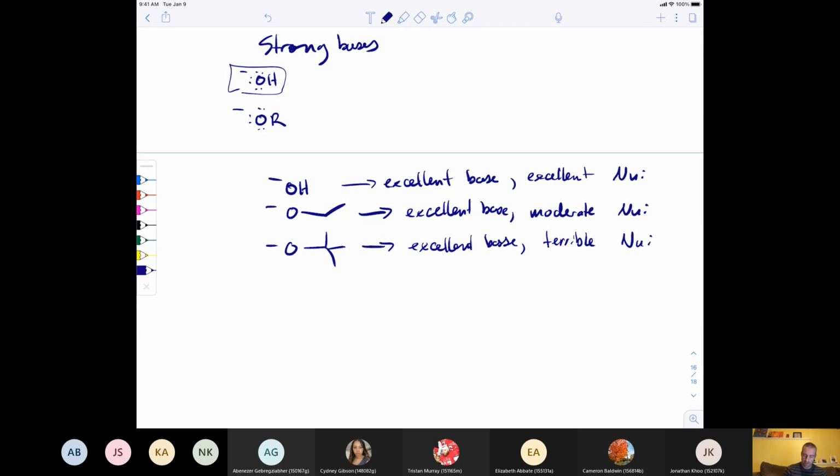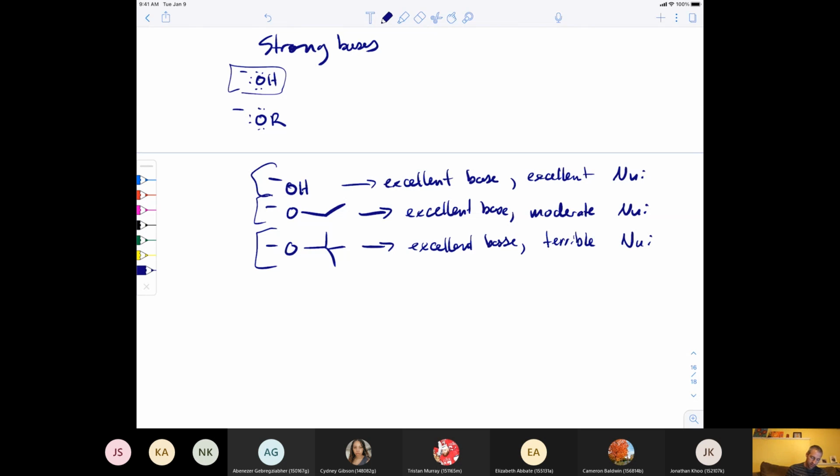So if you're doing an E2 and SN2 competes, go for the bulky base, with the caveat that it'll give you Hofmann elimination if possible. Small alkoxides are much better bases than they are nucleophiles, so they favor E2. Hydroxides are kind of good at everything, so we avoid them, because they almost always give you some E2 and some SN2.